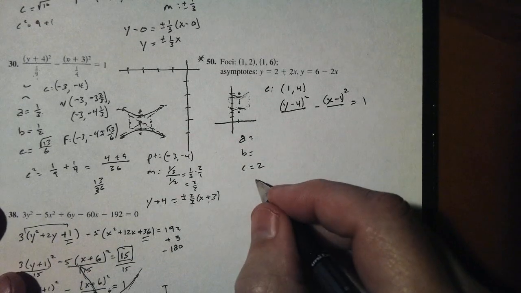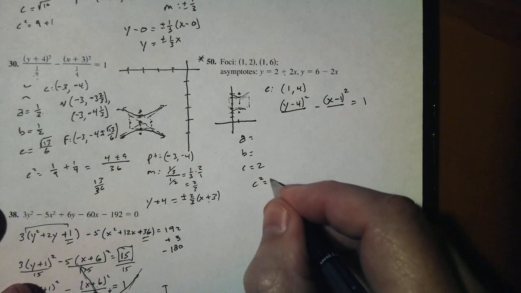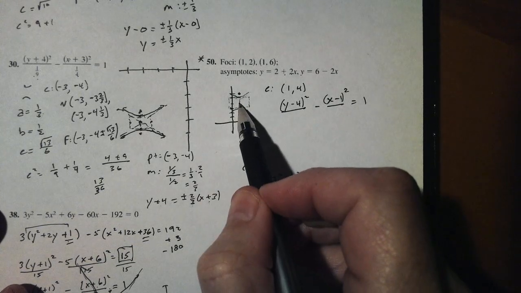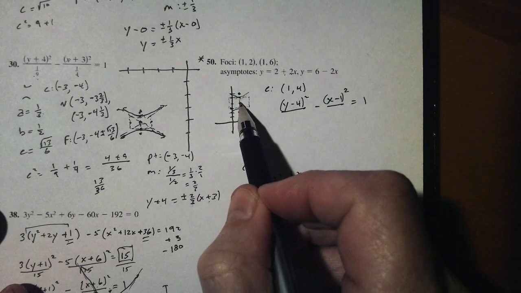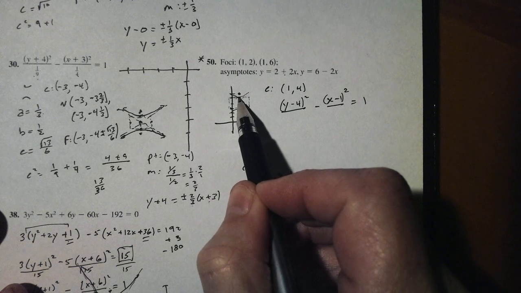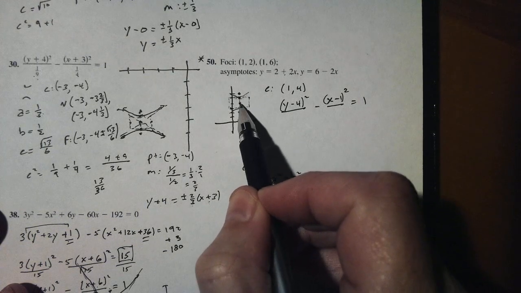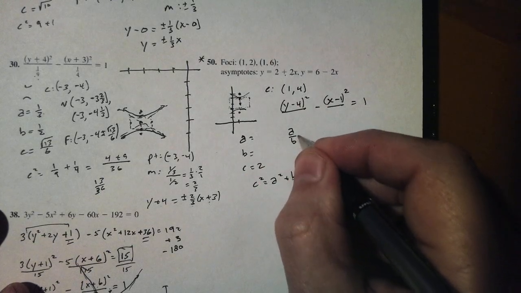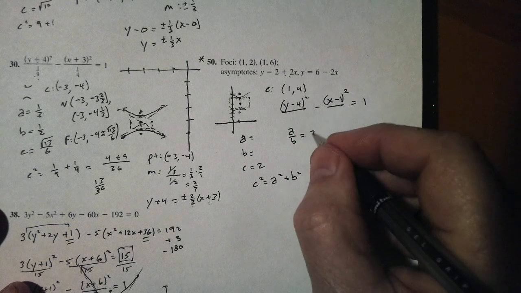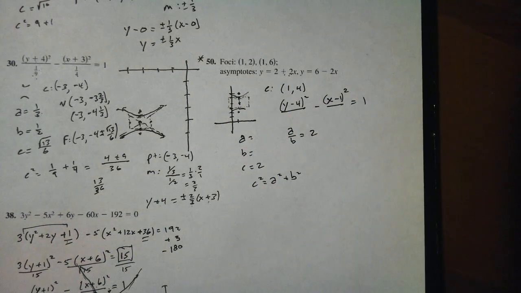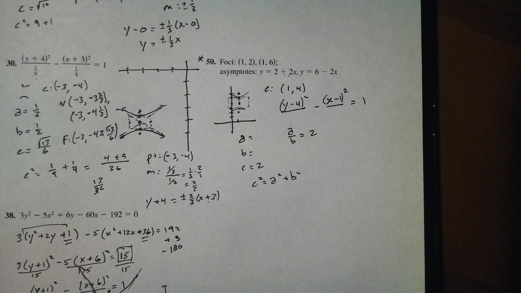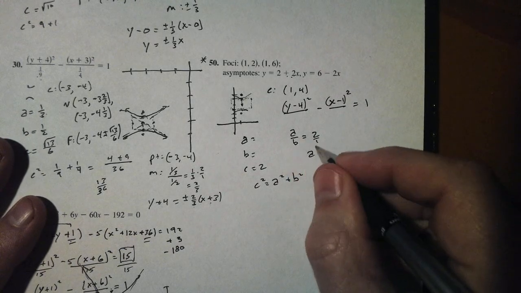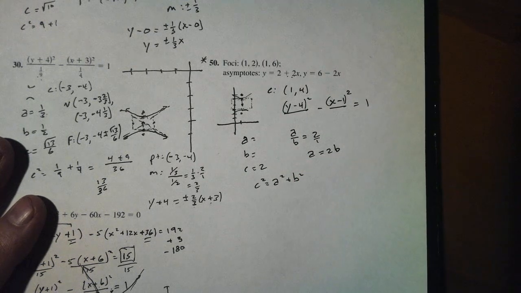So what we do know is that c squared equals a squared plus b squared. And what we do know is that this rise from this center point to here would be a. Our run would be b. Our rise is to the vertex. So a on b has to equal a slope of 2 or negative 2. And that means that a may be replaced by 2b.